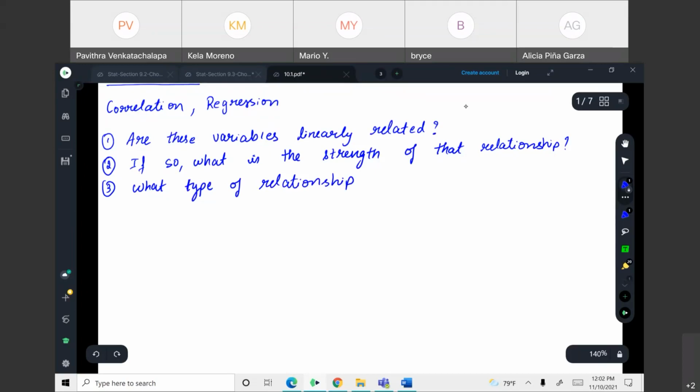And simple relationship is of two types, positive and negative. So what type of relationship exists? And finally, what kind of predictions can be made?